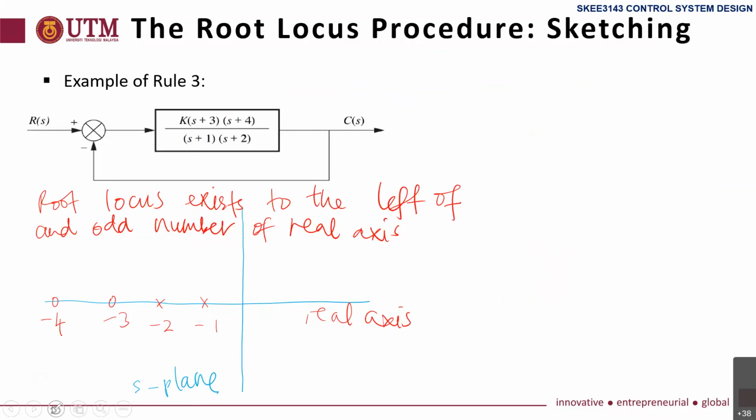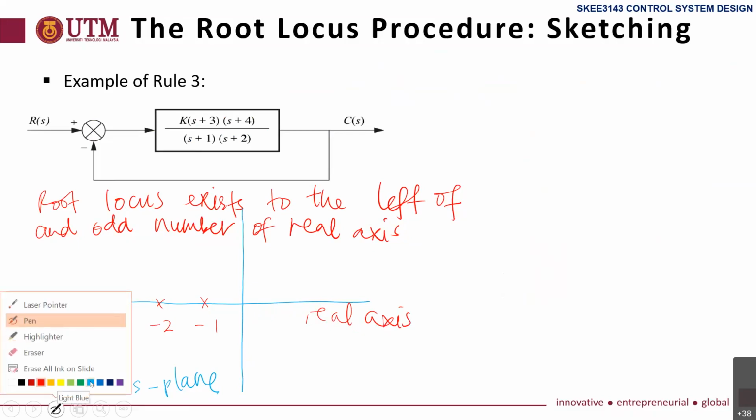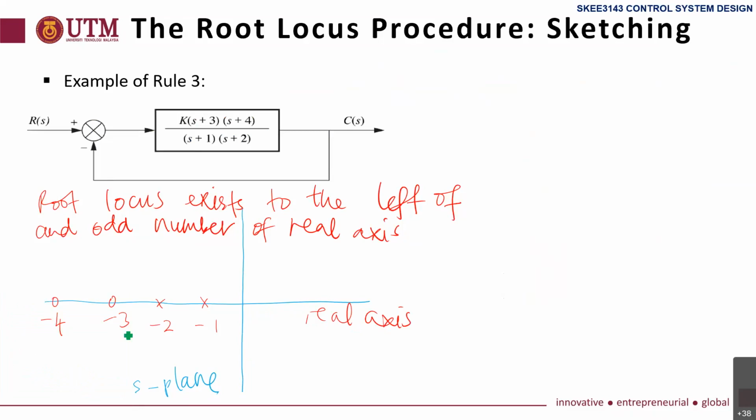The way is to give a number to all poles and zeros. Let's start with number 1, from the right: number 1, number 2, number 3, and number 4. Either pole or zero, we add them together.